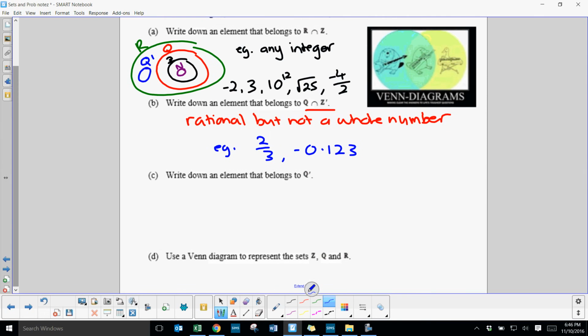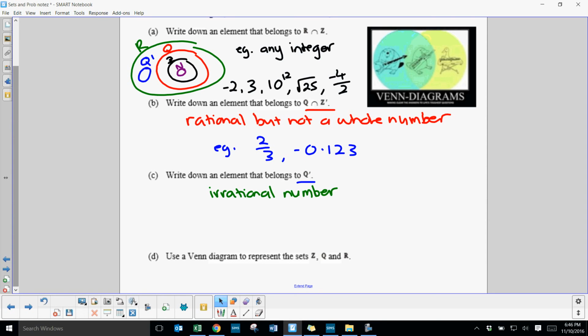So write down an element that belongs to Q dash. So if Q is rational, then you can assume Q dash is irrational numbers. Remember, irrational numbers can't be expressed as a fraction of integer, numerator or denominator. You can also think of them as numbers that have an infinite amount of non-recurring decimals.